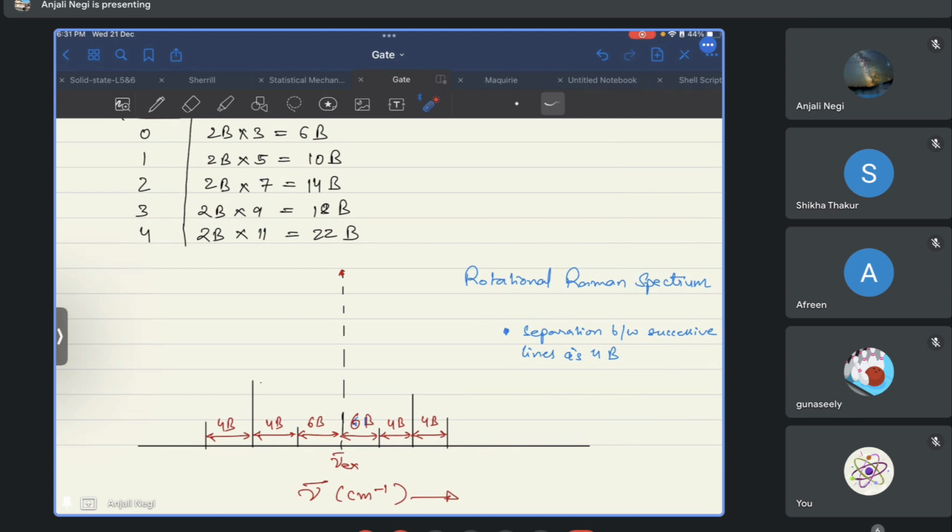In a similar manner, the separation between successive lines is 4B. Only for J equal to 0 we have a difference from our excitation of 6B.